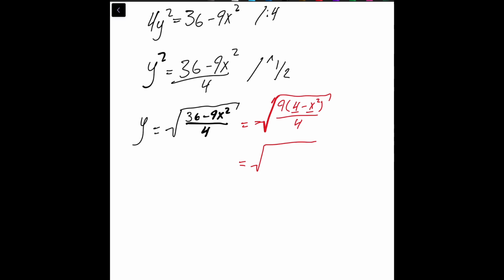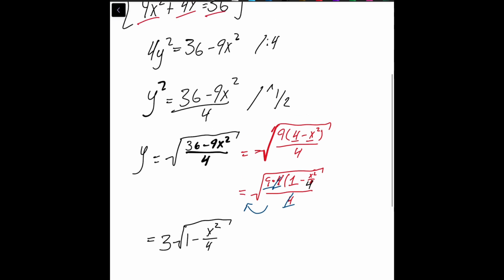So what we'll get is 9 times 4 times (1 minus x squared over 4), over 4. And so what we see is 9, 4, and 4 can all come out of our square root, or we can go ahead and cancel these two and just pull out our 9. Which gives us 3 times the square root of 1 minus x squared over 4. All right, so this is our y.